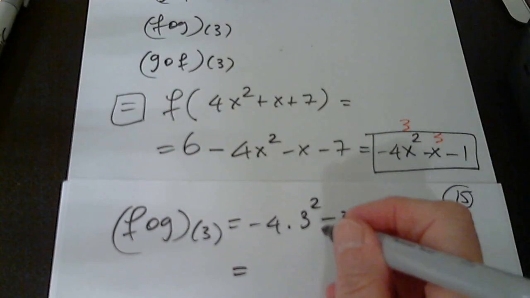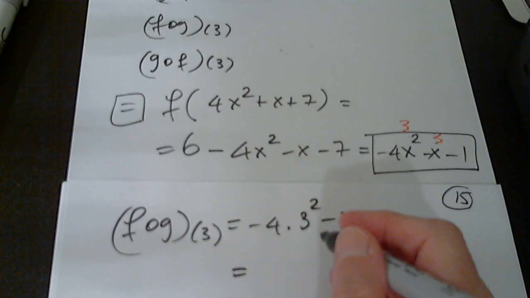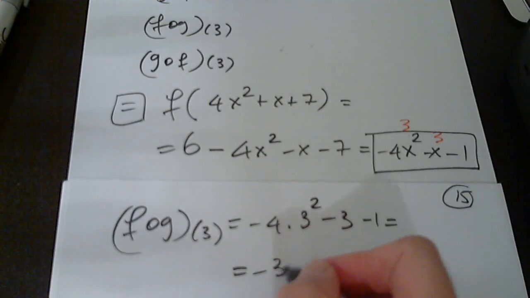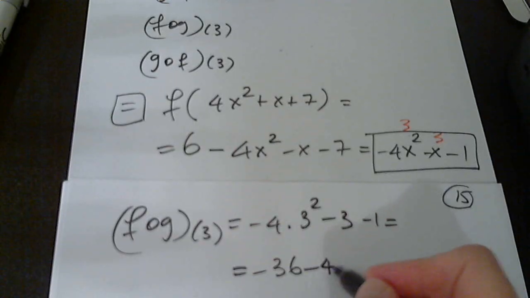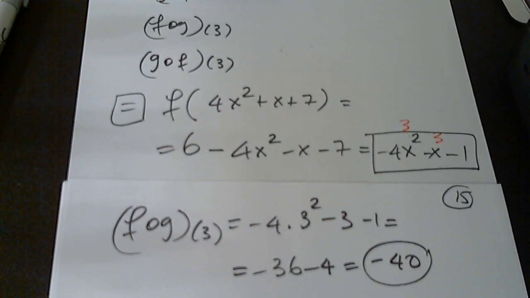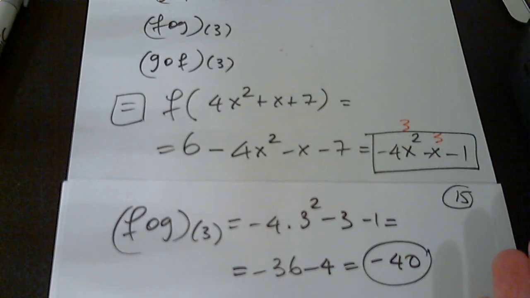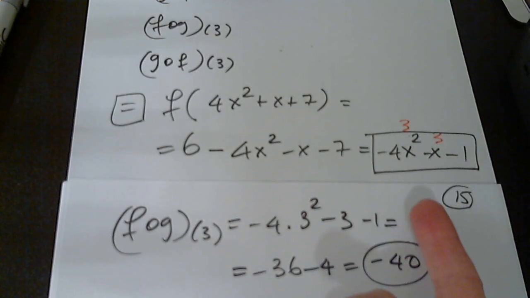The power first, 9. 4 times 9, 36 with minus in front. And minus 4. So this is negative 40. So I determined f comp g. I got the function. They're asking me to find f comp g of 3. Okay, no problem. I replaced x by 3.